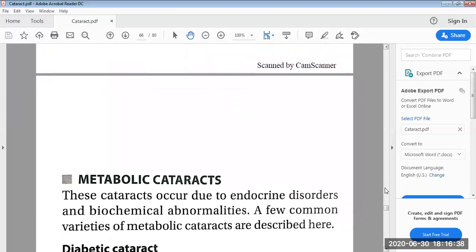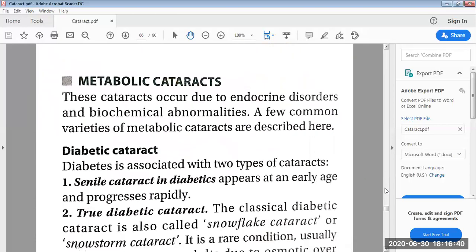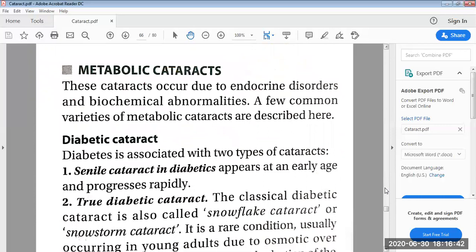The next type of cataract is the metabolic cataracts. These cataracts occur due to endocrine disorders and biochemical abnormalities. A few common varieties of metabolic cataracts are described here.